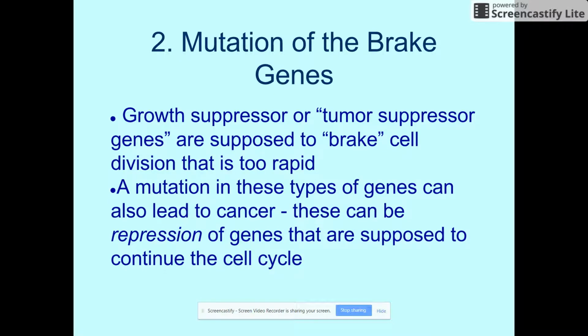So if a cell is dividing out of control and it's not going through G1, S, and G2 with the proper amount of development and growth, these brake genes will basically pause the cell from dividing until the cell has passed the second checkpoint. If we have a mutation in this type of gene, of course, that will cause the cell to start to divide out of control in that faster speed without being checked with the brake genes.